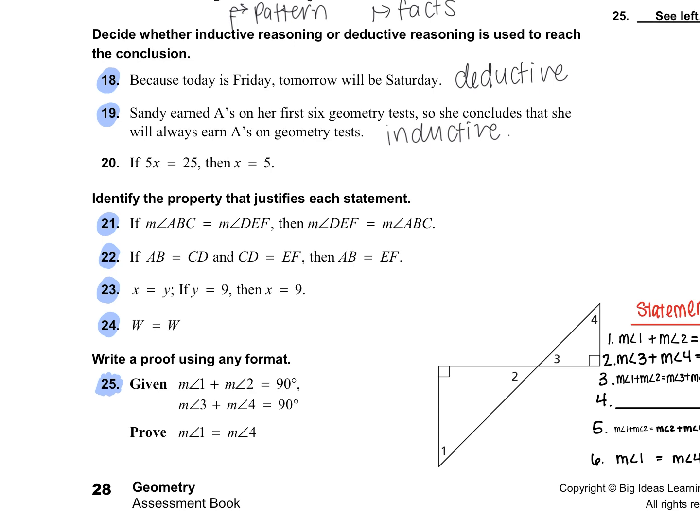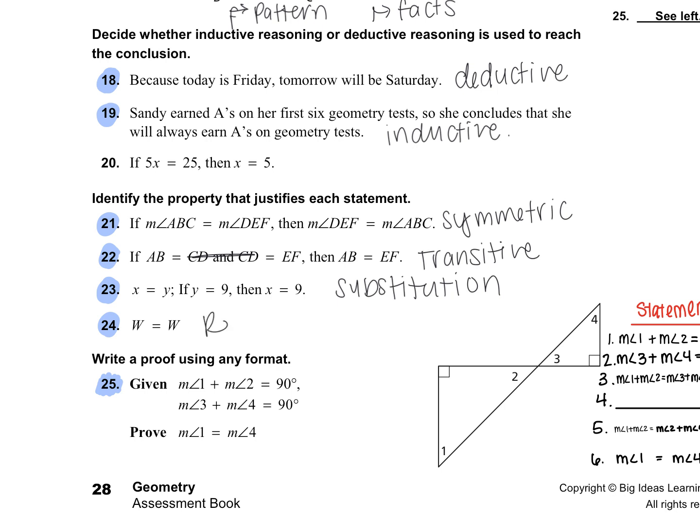Which property? Symmetric. 22, transitive. This one is substitution. The last one would be reflexive.